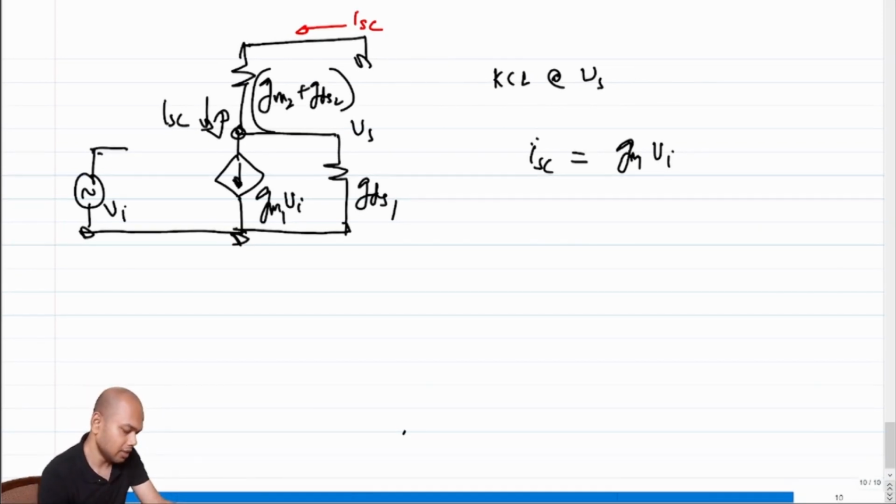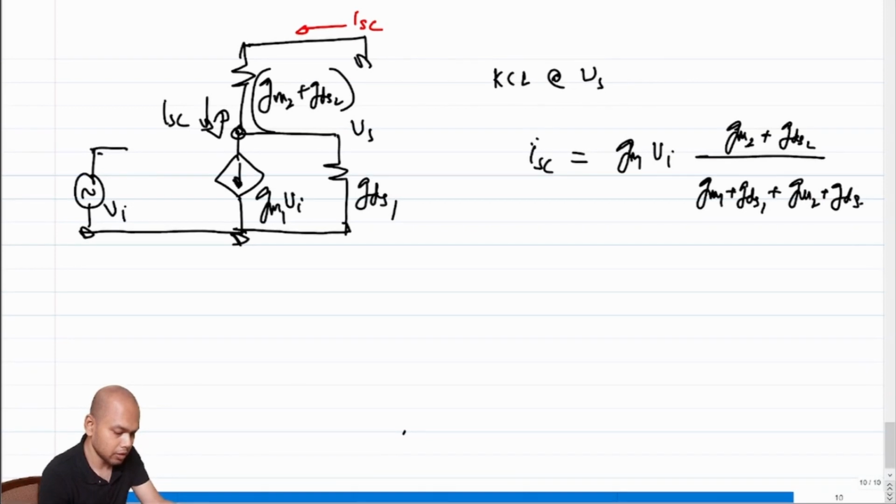In this case, the ratio of the conductance will be Gm2 plus GDS2 by Gm1 plus GDS1 plus Gm2 plus GDS2.